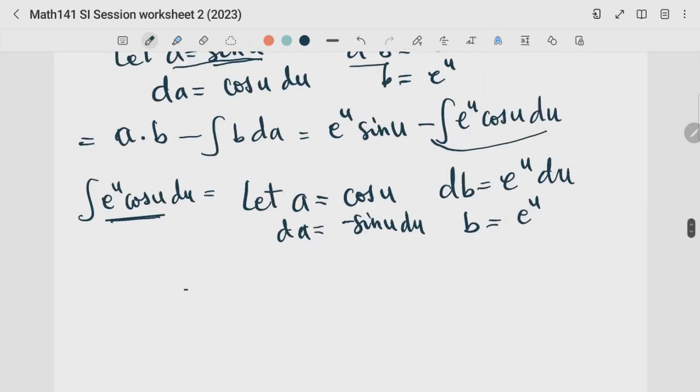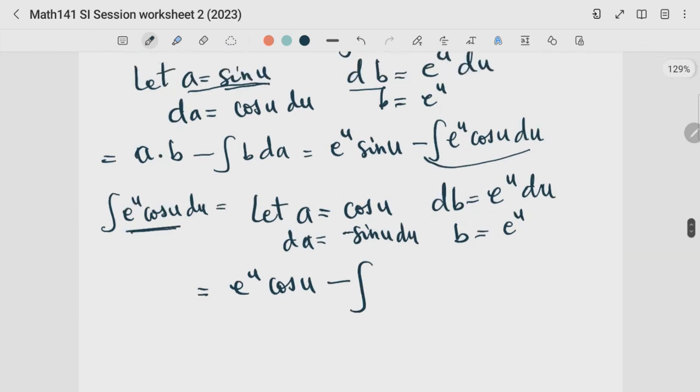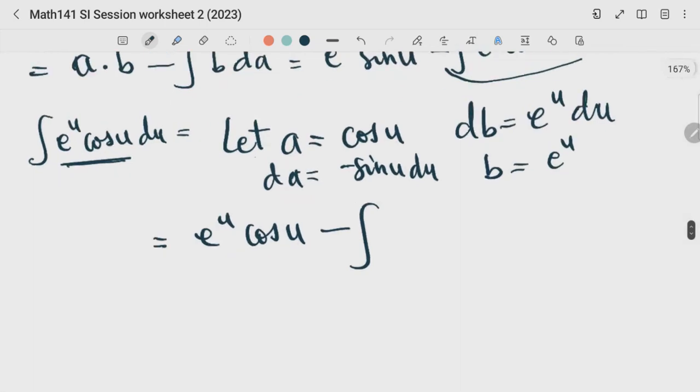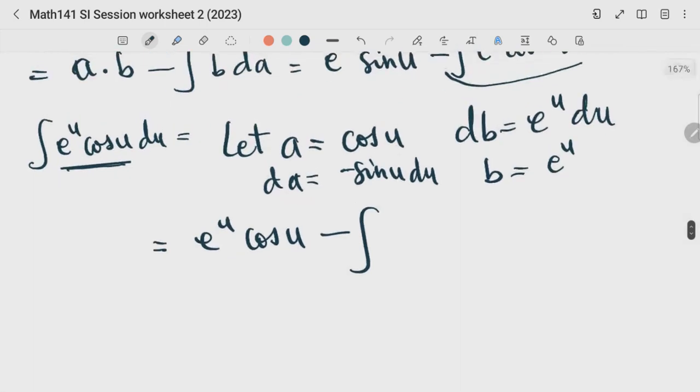And therefore, this will be a times b, which is e to the u cos u, minus the integral of b da, which is e to the u times negative sine u du.